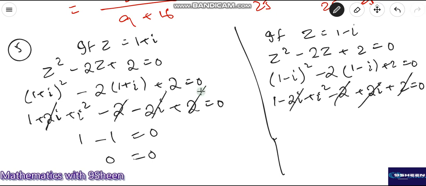Minus 2 plus 2 cancel out, plus 2 iota minus 2 iota cancel out, 1 iota square minus 1, and 0 is equal to 0. Hence proved.